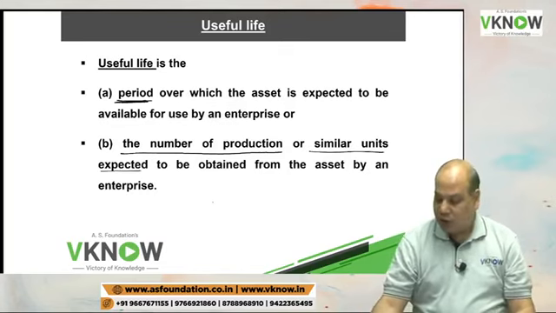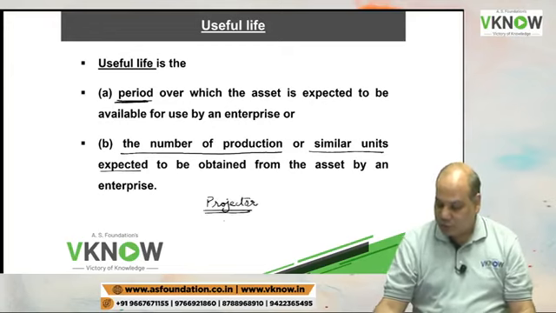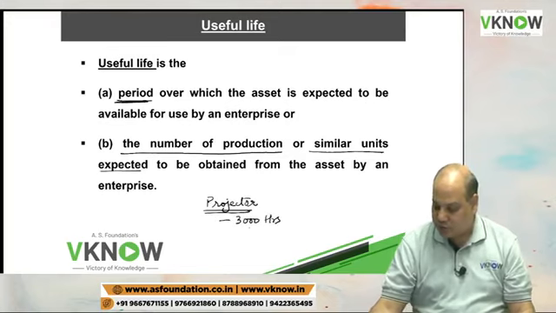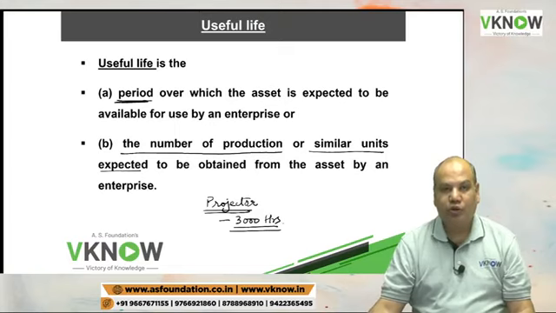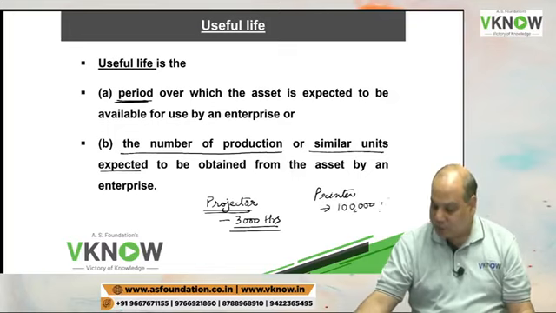In case of, let us say, a projector, the projector will work for 3000 hours. So here the useful life is not in terms of years, it is in terms of hours. Or for example, a printer. Let us say there is a printer which can print 1 lakh prints.